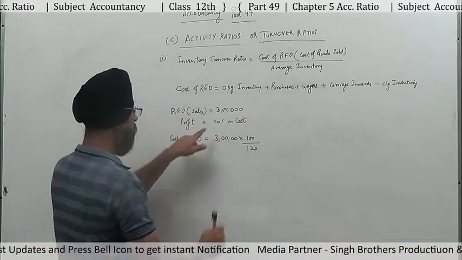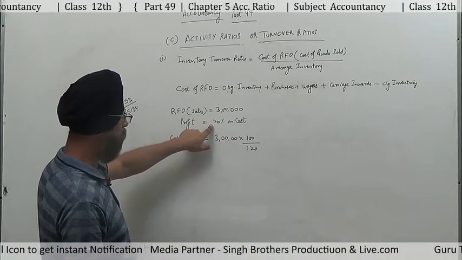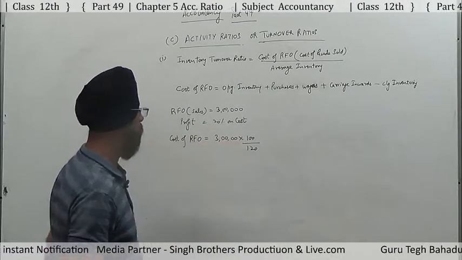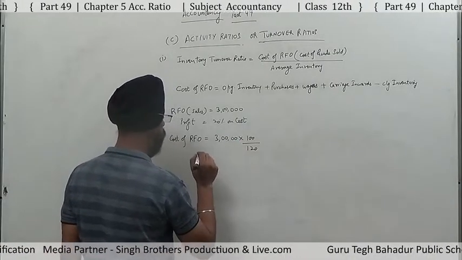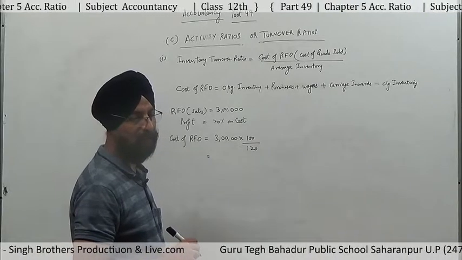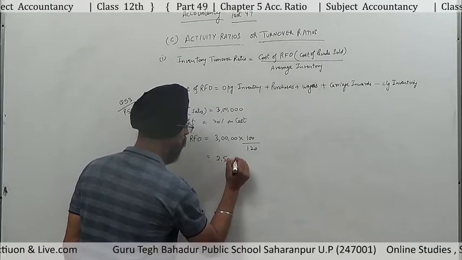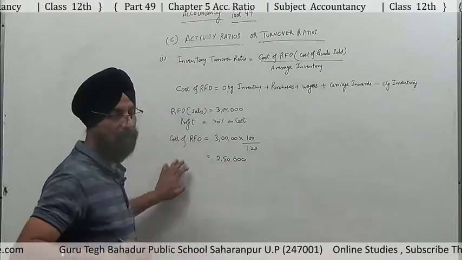If profit is 30%, then 100 by 130. If profit is 40% on cost, then 100 by 140. In this way, we find cost of revenue from operation. That comes to rupees 2,50,000. This is the cost of revenue from operation, 2,50,000.